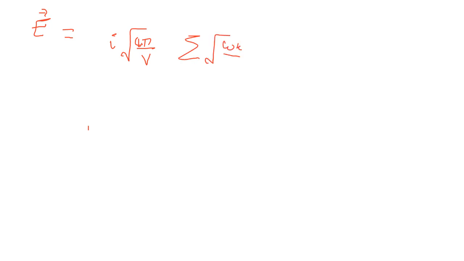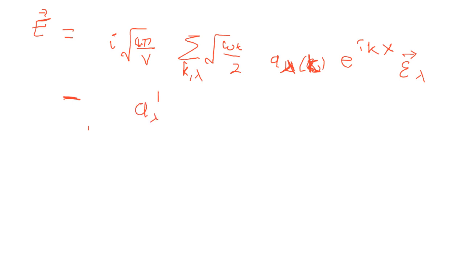Then you get square root of omega_k over 2, a_{k lambda} e^{i k x}, with the polarization vector, and you have to sum through k and lambda, minus, because you differentiated something where the exponentials were differing in sign, so you get a minus a_lambda dagger of k e^{minus i k x} epsilon_lambda of k.